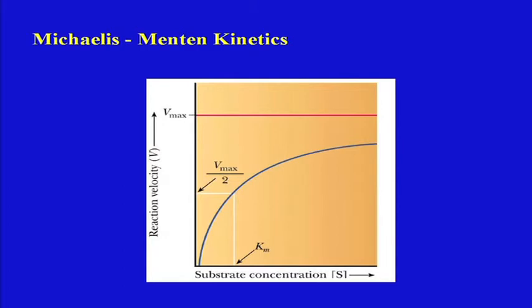So, if you plot the reaction velocity as a function of substrate concentration, then the graph will be like this. Initially it will rise and then ultimately it will be close to saturation. Okay.